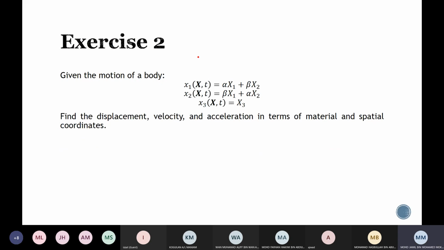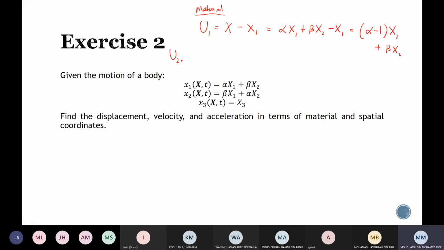So big U1 is just the mapping minus x1. Okay. So the mapping number 1 is alpha x1 plus beta x2 minus x1. So you get alpha minus 1 x1 plus beta x2.